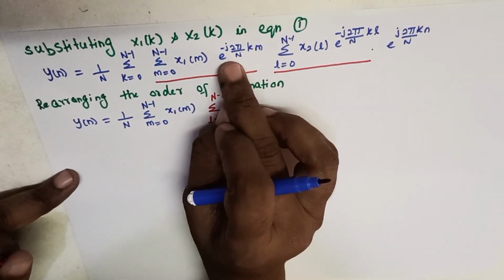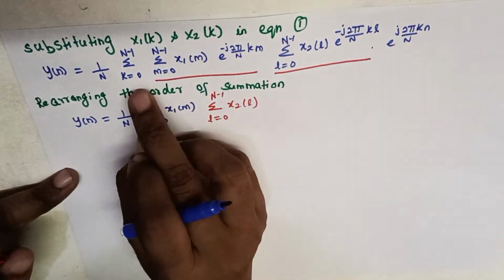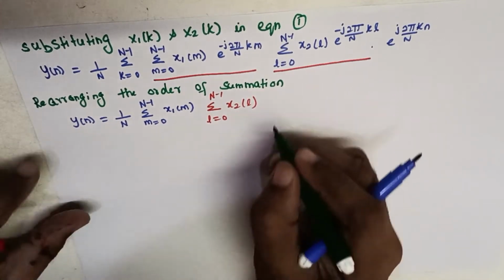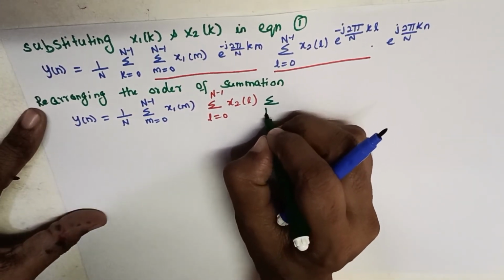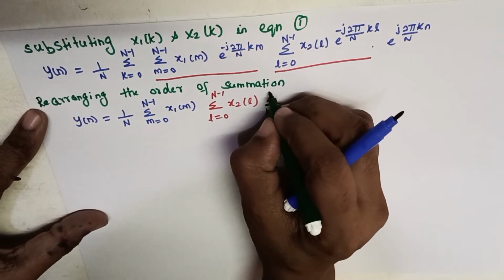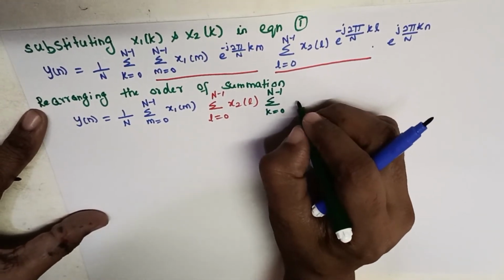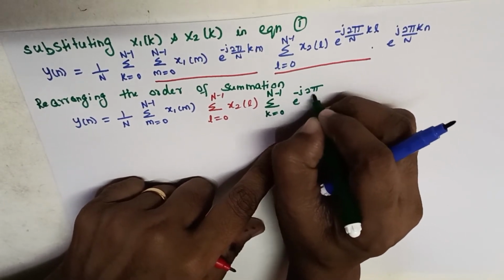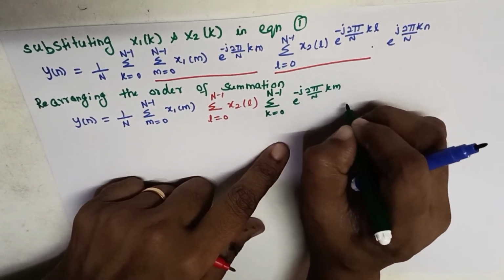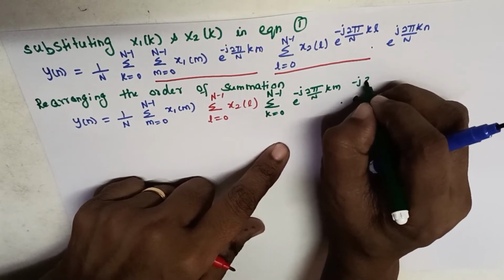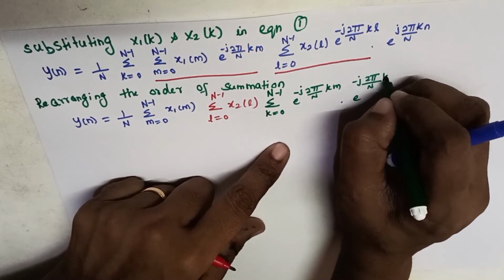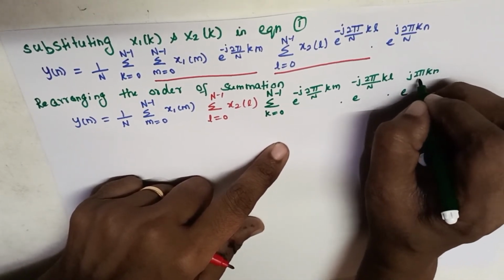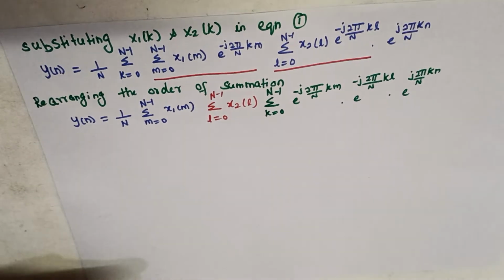And if you look at it, all these 3 exponential terms are having the variable k. So all these can be grouped under a single summation like k is equal to 0 to n minus 1 e power minus j 2 pi by n km e power minus j 2 pi by n kl e power j 2 pi by n into kn.